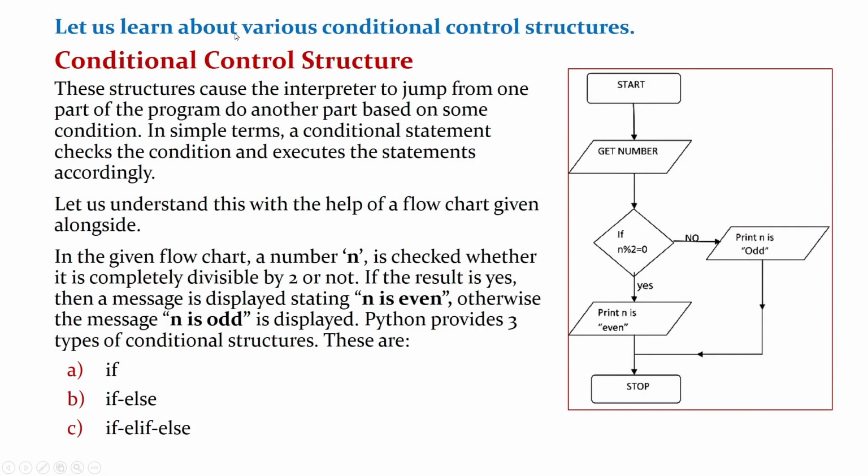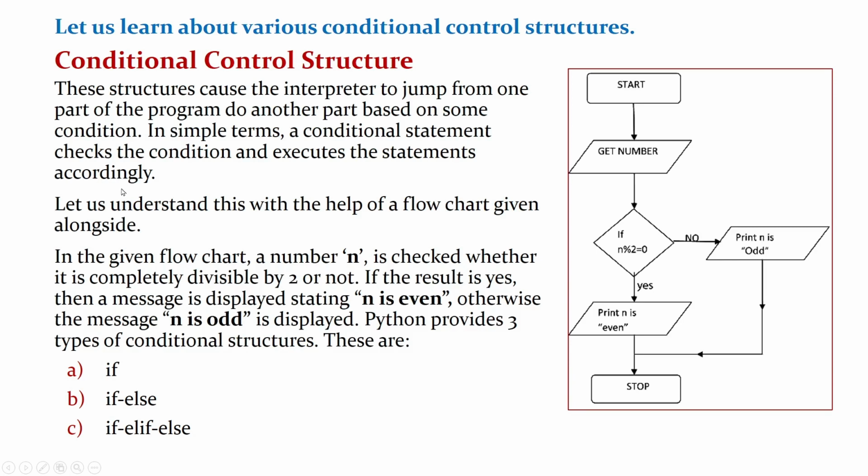Now let us learn about various conditional structures one by one in a bit more detail with examples and their flowcharts also. Sequential control structures have been explained earlier. Now we will take up conditional control structures.